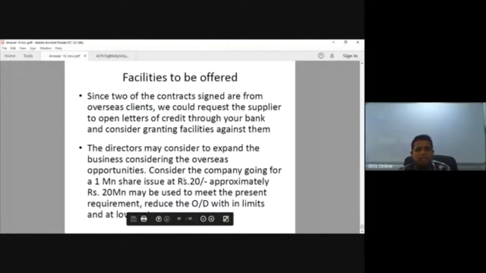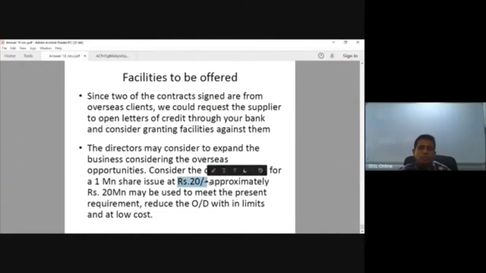Now here we consider 20 rupees per share. Since the book value is 26 rupees per share, we can consider an issue price of 20 rupees per share, and we issue 20 million worth of shares, that is 1 million shares, and take the 20 million and repay the OD and take the balance 10 million for our requirement.